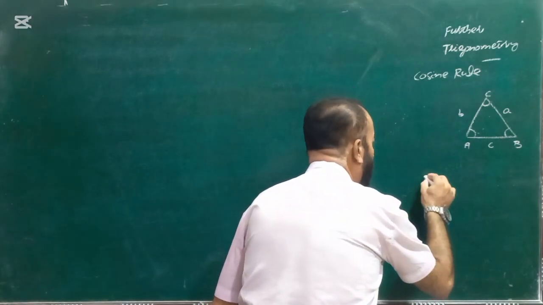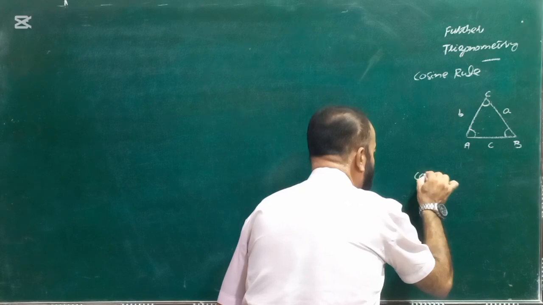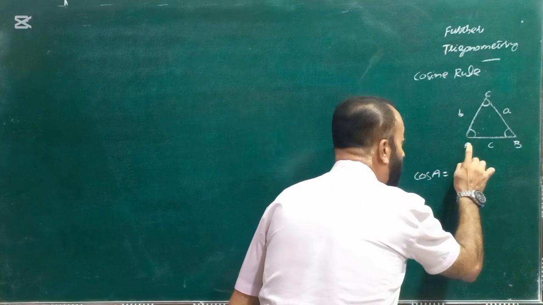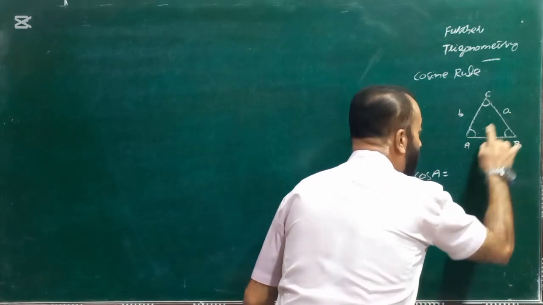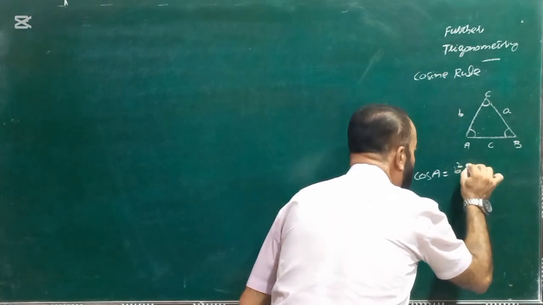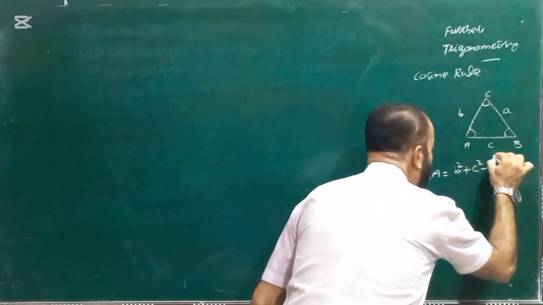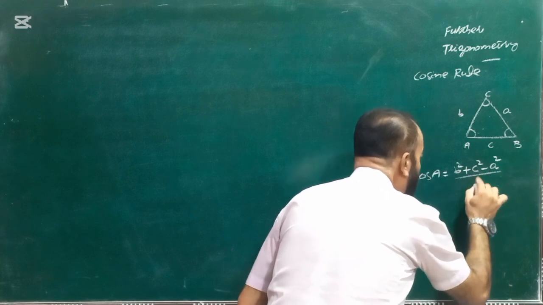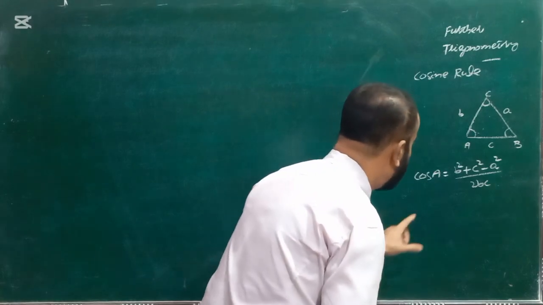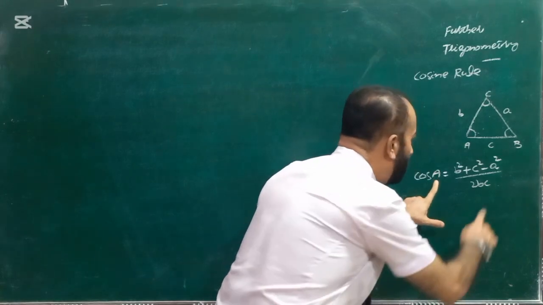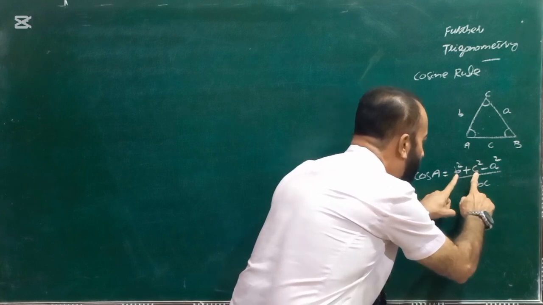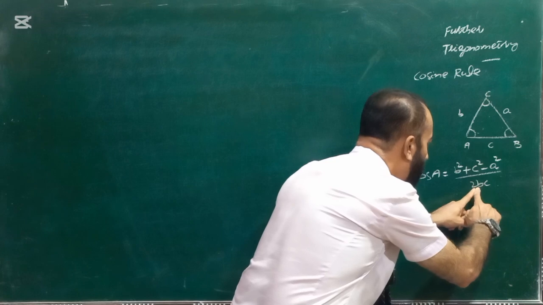There are three different forms of the cosine rule. If angle A is involved, the side opposite to A will be subtracted. Now look, cos A will be equal to b square plus c square minus a square over the singular form of these two multiplied with 2. So again, the side opposite to A will be subtracted and the other two sides squared will be added, and the sides which are added will be in singular form multiplied with 2.